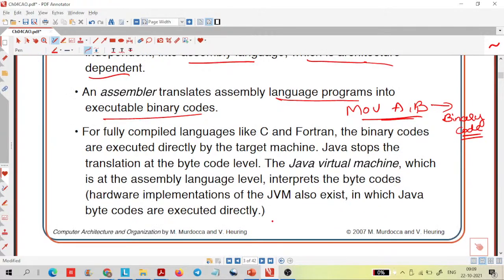For fully compiled languages like C and Fortran, the binary codes are executed directly by the target machine.